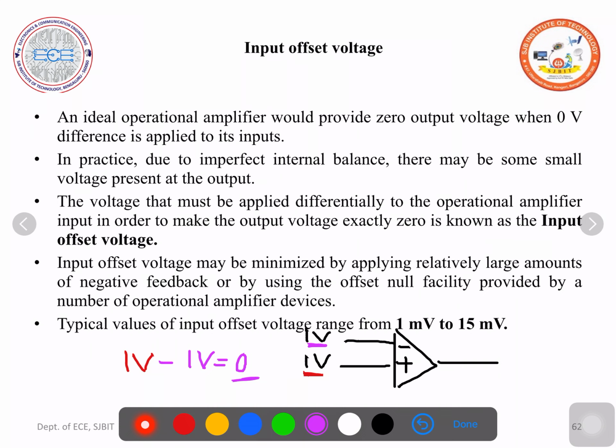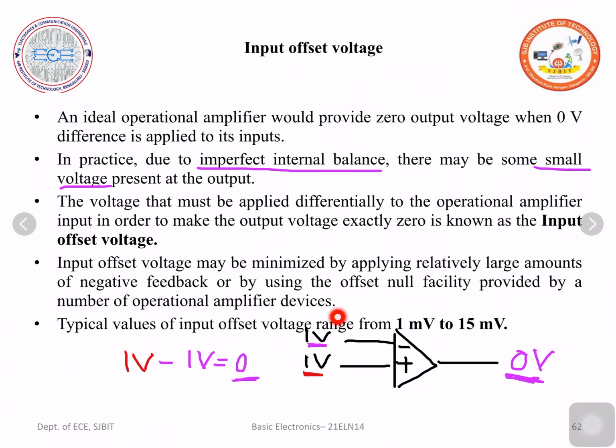So this operational amplifier is a differential amplifier which amplifies the difference between these two input signals. So it should amplify this 0 volts, whether its gain is 100, 50, 1000 or infinity. If you amplify this, definitely you should get 0 ideally. But due to imperfect internal balance, always you will get a small voltage at the output. Very small voltage.